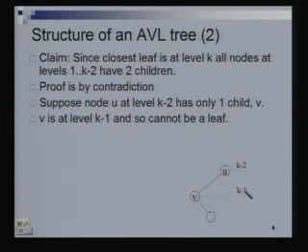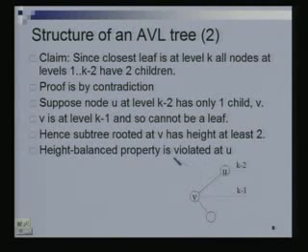So v is at level k minus 1, so it cannot be a leaf because our closest leaf was at level k. Otherwise this will disrupt the AVL property. So it has to have another child. I have shown only one, but it can also have 2 children, no harm. But this node u has only one child.